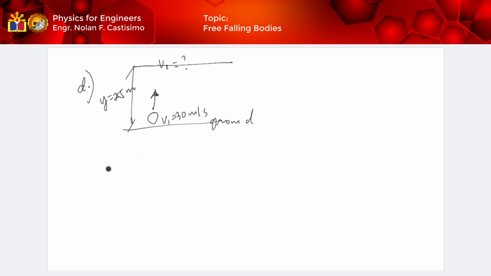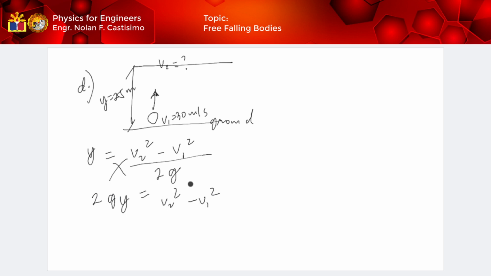Okay, so stone, yan. So we're going to use G is equivalent to V2 squared minus V1 squared over 2Y. And manipulate lang natin itong formula kasi ang hanapin natin ay si V2. Diba? So 2gy is equivalent to V2 squared minus V1 squared.